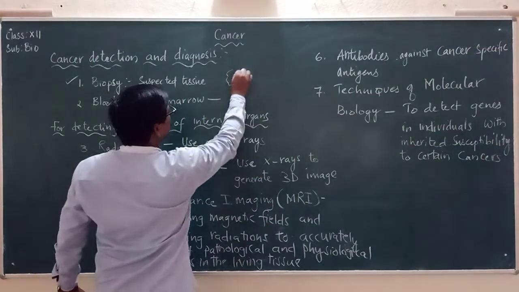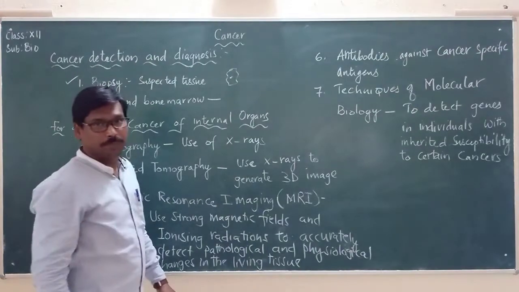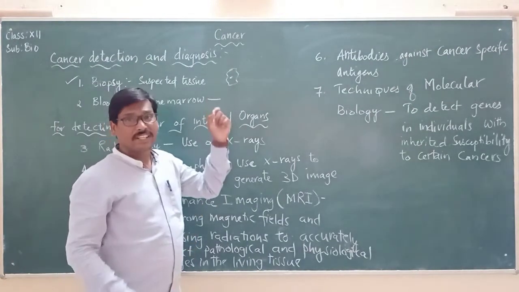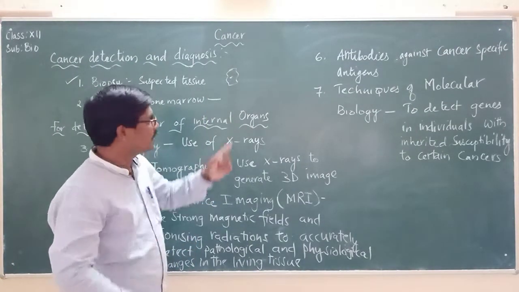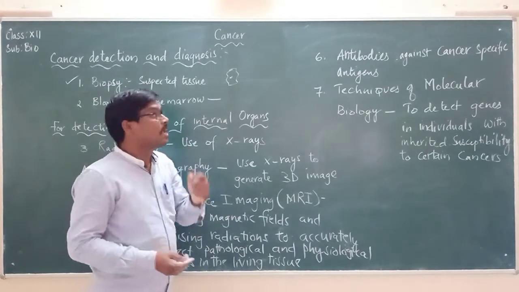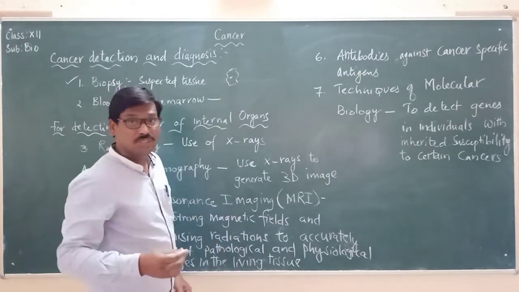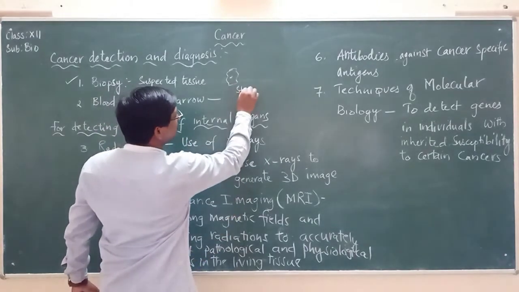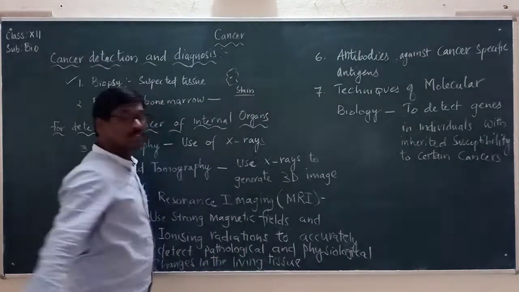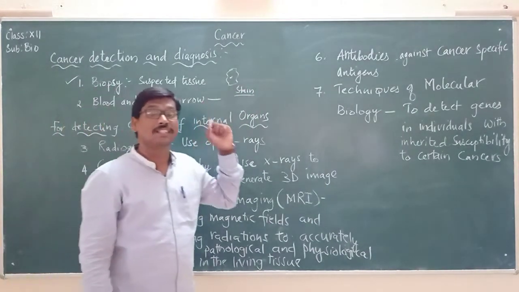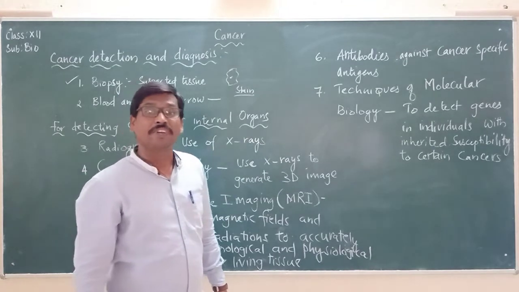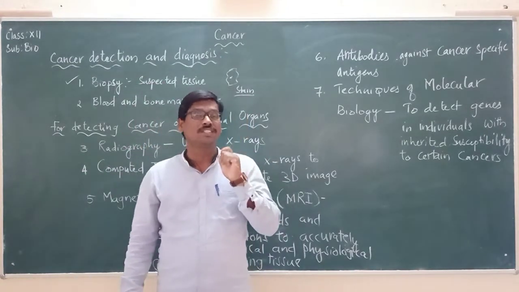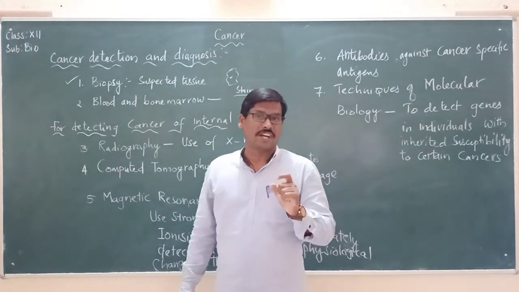So if this is a suspected cell or tissue, they will take it and make it into very thin sections, add some stains, and observe this tissue or the cells under the microscope. That we call histopathological studies of a tissue.